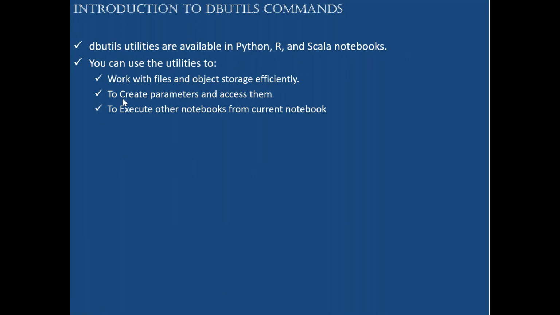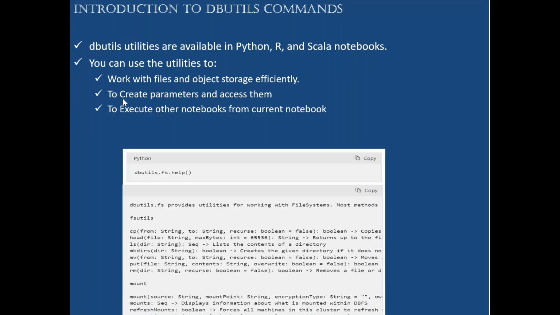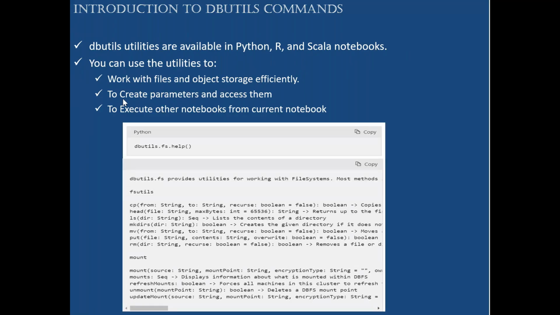Along with that, these DB utility commands are also used for creating the parameters in the notebook. The third thing is, you can also use these DB utility commands to execute other notebooks from the current notebook. If you see dbutils.fs.help, within dbutils we are focusing on the file system for today's session.